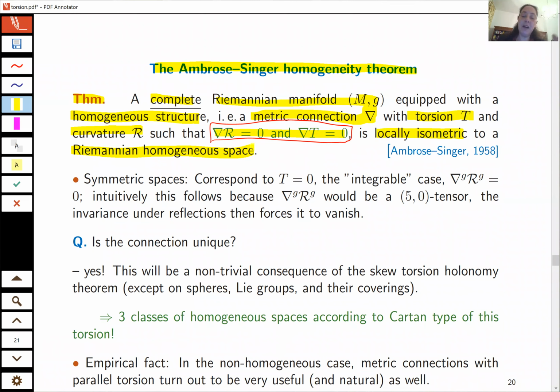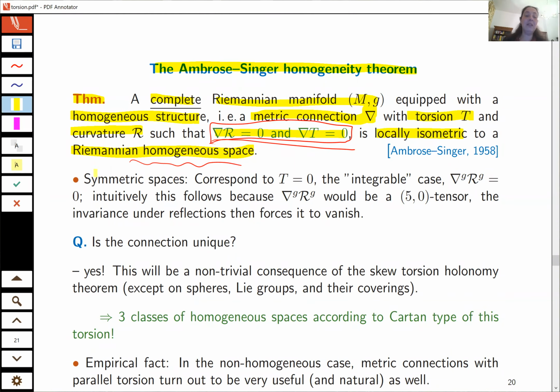I find this just totally crazy, right? Because if we look at it from this point of view, this is a system of non-linear differential equations, whereas this has nothing to do with differential equations. It's just a question of the existence of a group action. So the theorem says these two are equivalent.